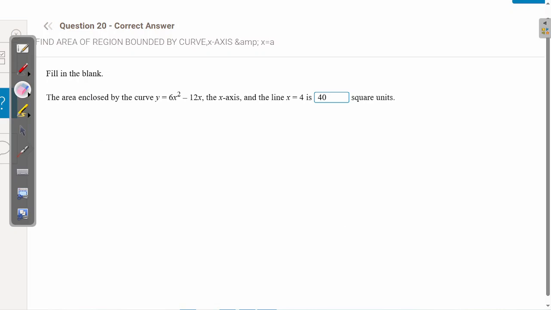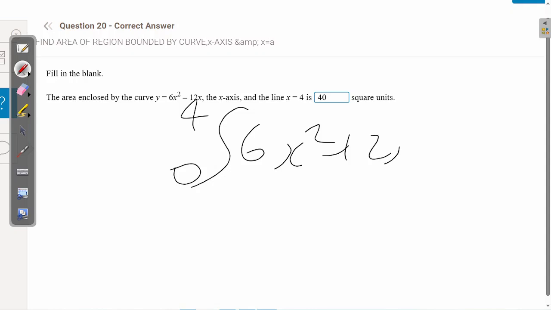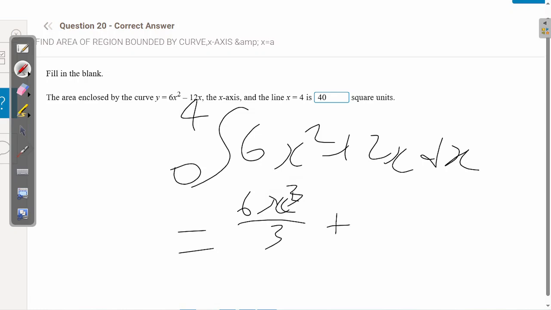Okay. So from 0 to 4, the integral of 6x squared minus 12x dx will be equal to 6x cubed over 3, my bad, minus 6x squared from 0 to 4.